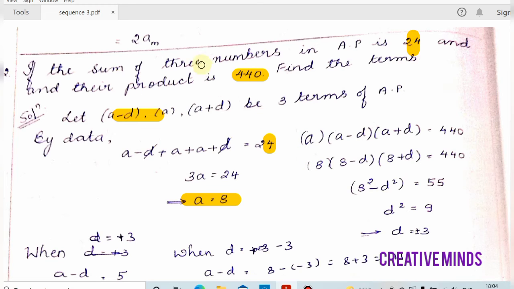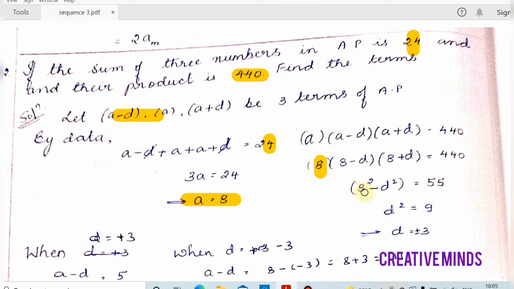So now the product is given: A into (A minus D) into (A plus D) is equal to 440. We already found A is equal to 8. So (8 minus D) into (8 plus D) is equal to 440 by 8, which is equal to 55. This is in the form of (A minus B) into (A plus B), so the A square minus B square formula.